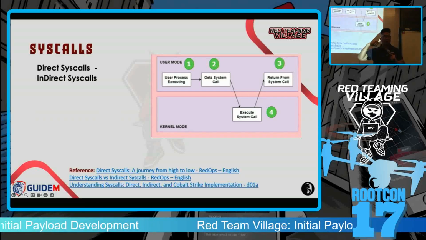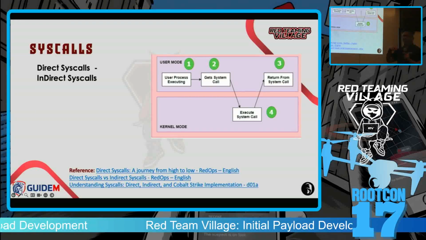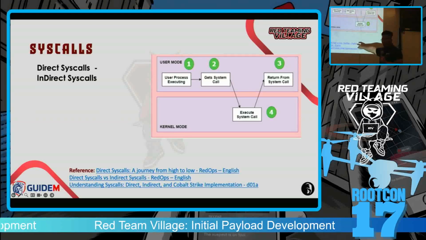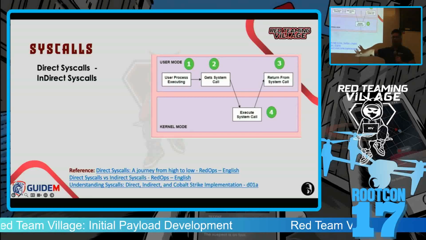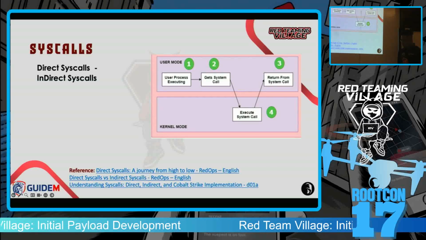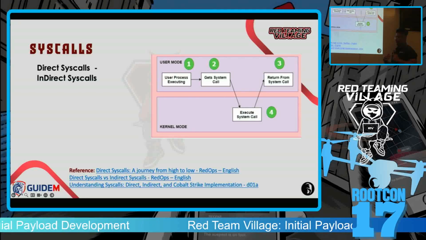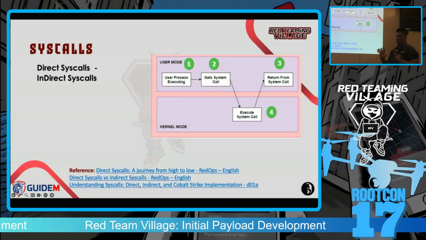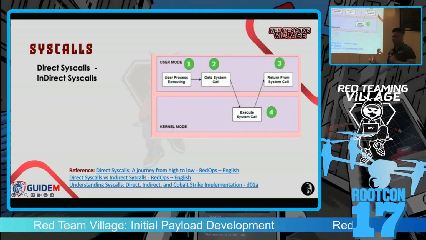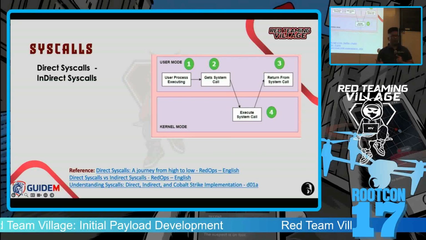That's the main concept of direct and indirect syscalls. If you want to go into more detail, I've included the reference as well. Later on, I'll discuss why this is relevant, because once you understand these concepts, you can use other tools and customize them as well.